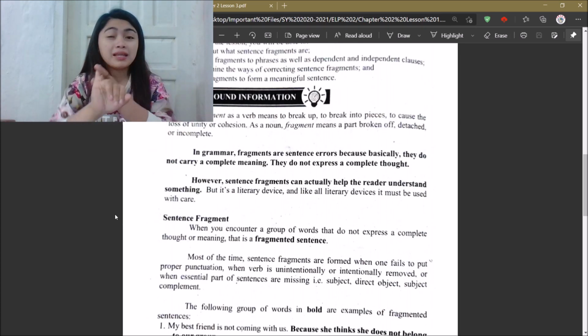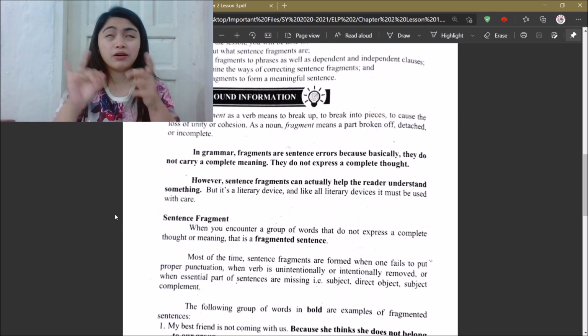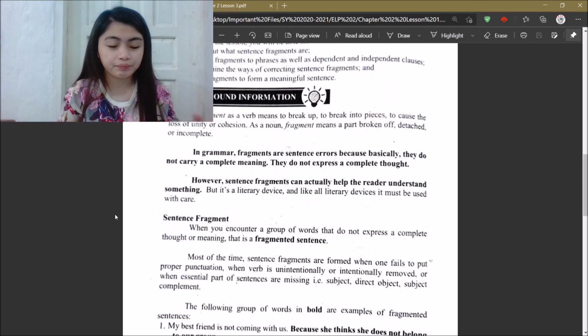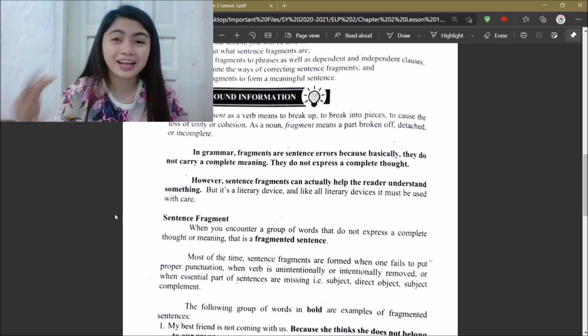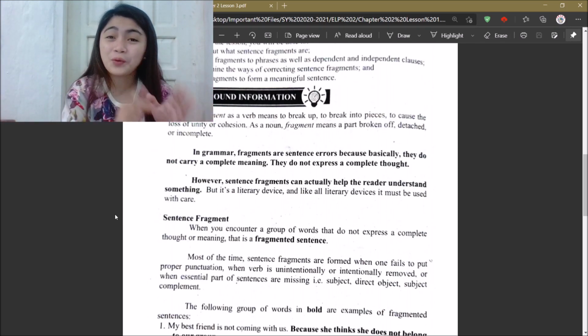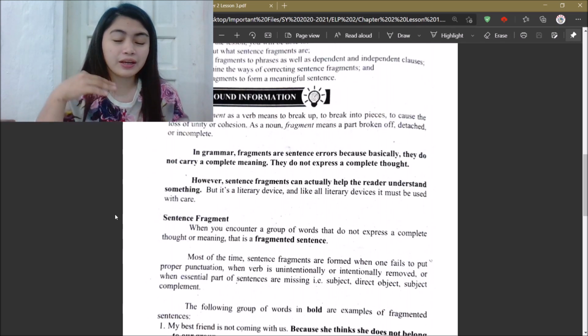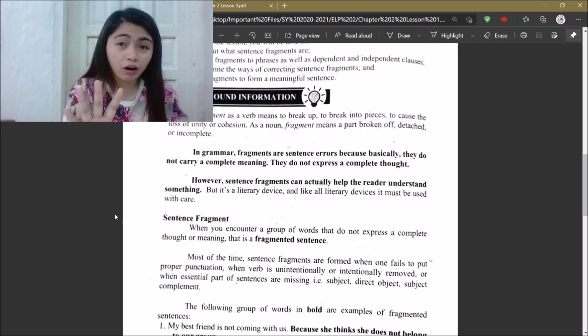Next, we have the predicate, which is your verb. Okay, we have the be verbs. Kung i-recall natin, we have the is, are, am, was, were, mga yan. I-discuss ko mamaya. And then, it should have a complete thought.